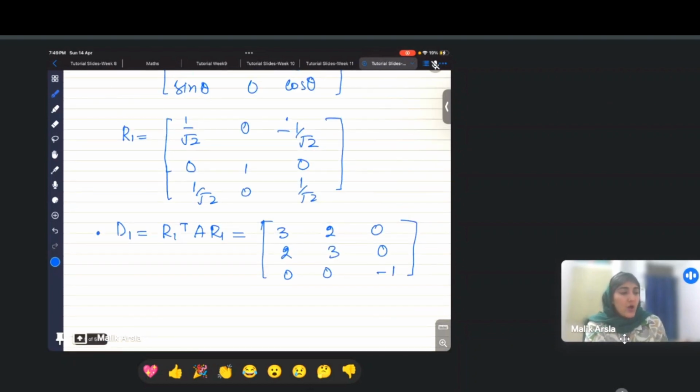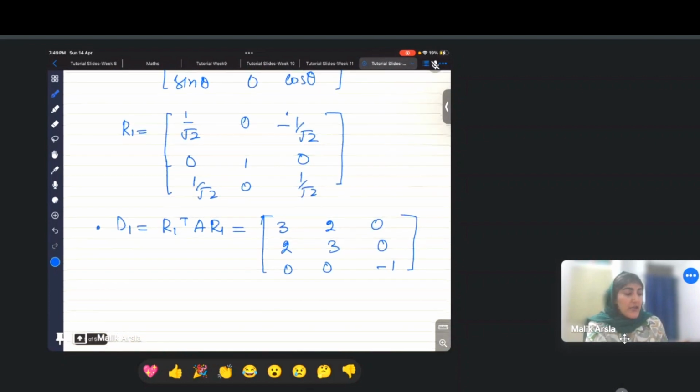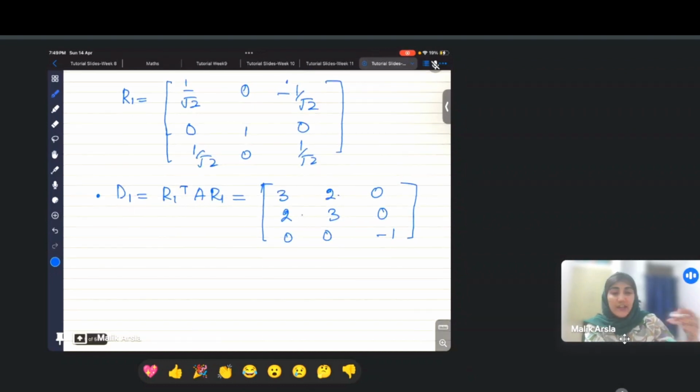Now, since our first iteration is complete, we have calculated R1 and D1. Now look here, D1 is still not diagonal. We still have non-zero entries at this position and this position. So we again follow the same procedure. We first find tan 2 theta.